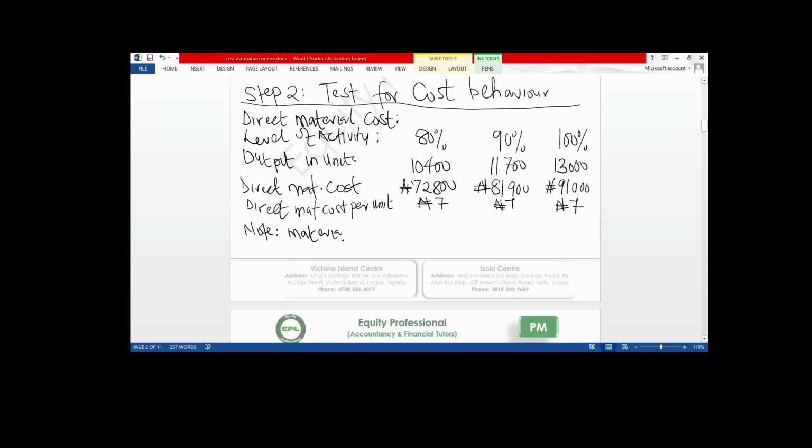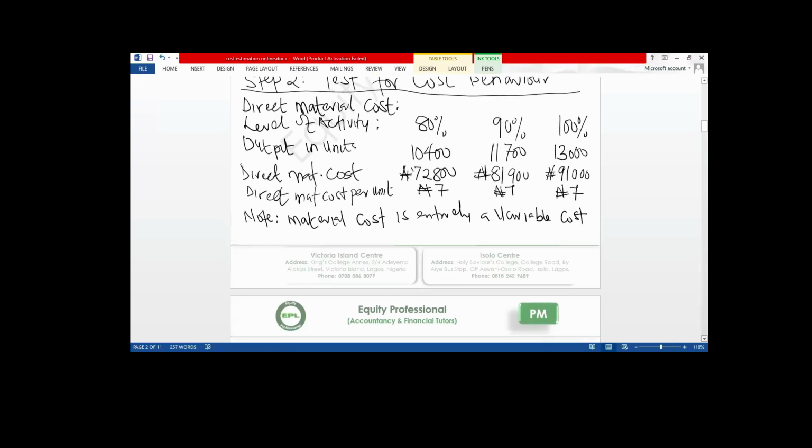Note: material cost is entirely a variable cost. We have defined the behavior of material cost.